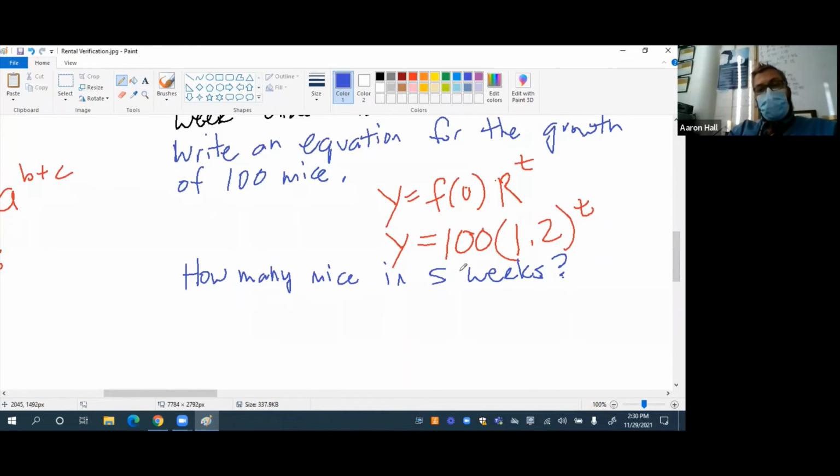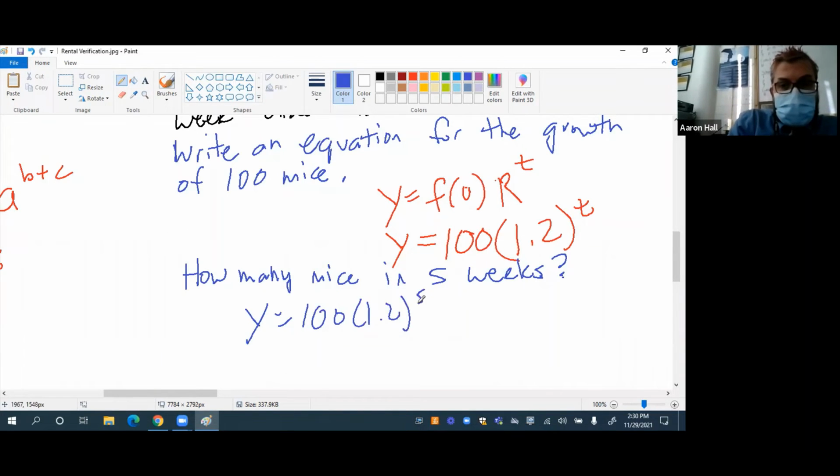Yeah, so we just take this 5, we plug it into our equation right here. So that would give us y equals 100 times 1.2 to the power of 5. And you said it's approximately how many? 248 mice.